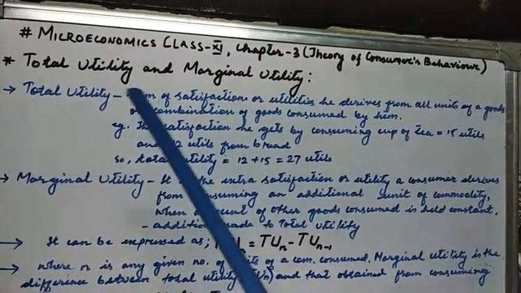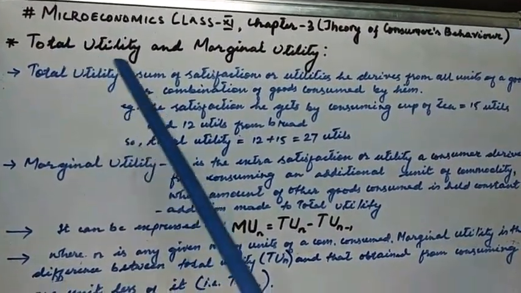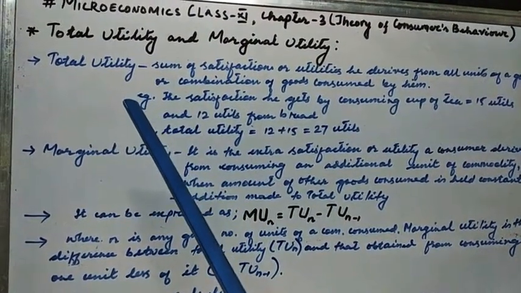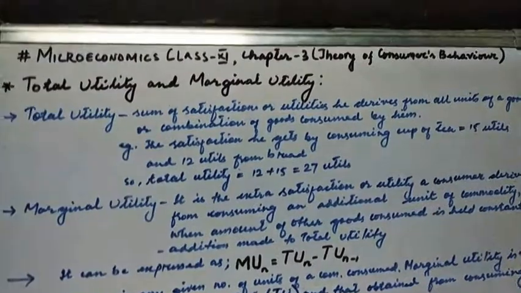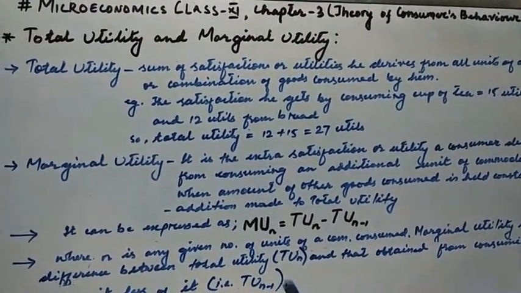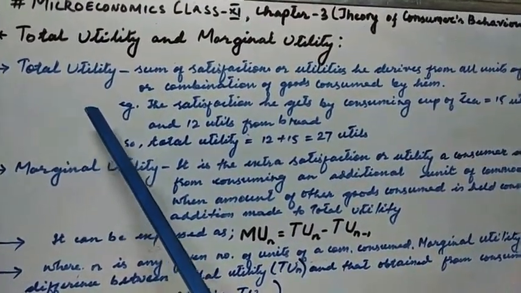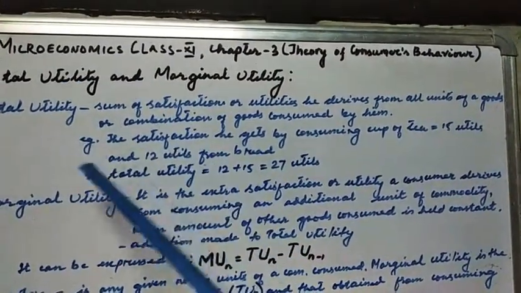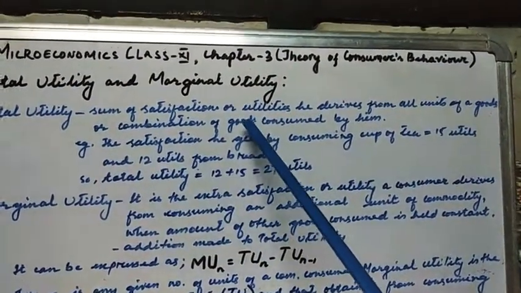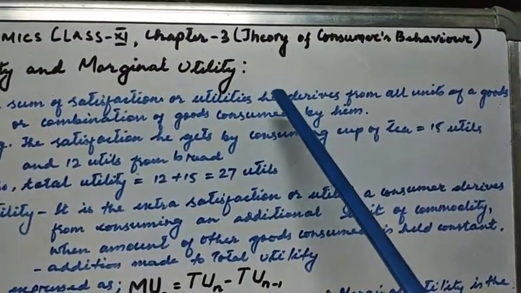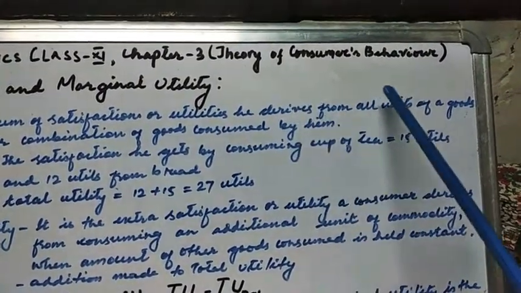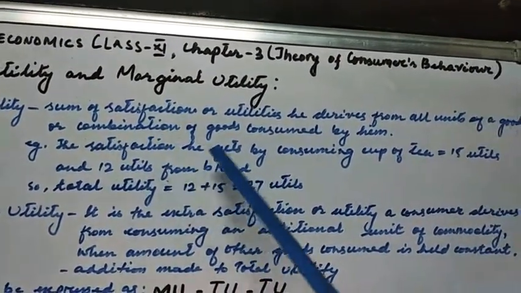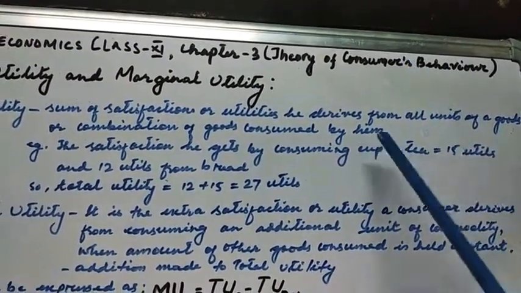Okay, when it comes to total utility and marginal utility, let us see the differences, looking at the definitions. The definition of total utility is the sum, the totaling up, of satisfaction or utilities that a consumer derives from all units of a good or combination of goods consumed by the consumer.